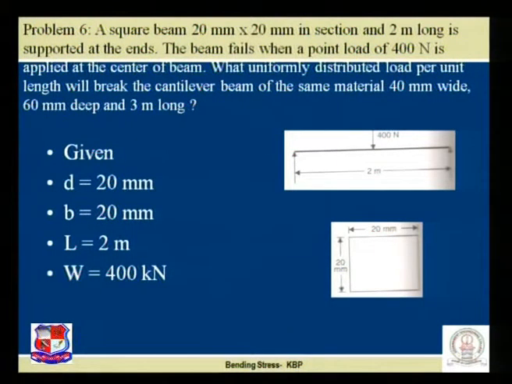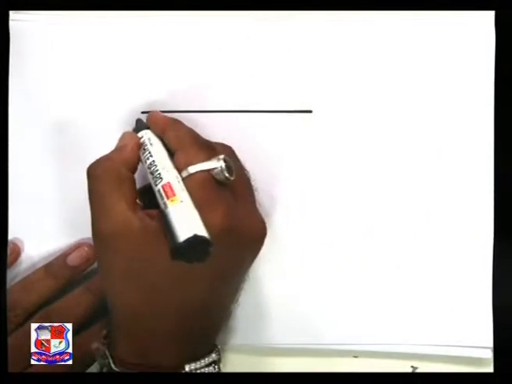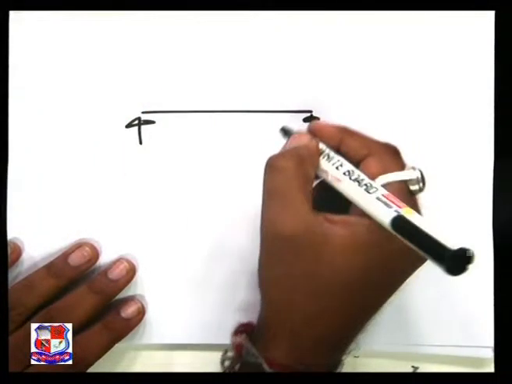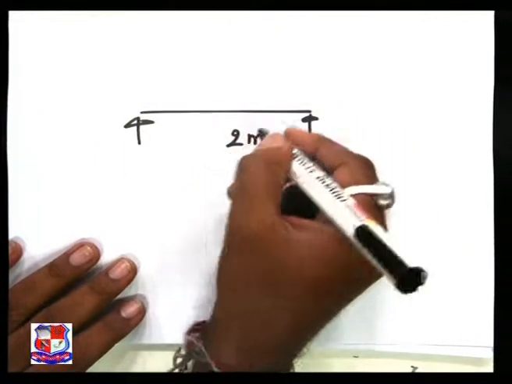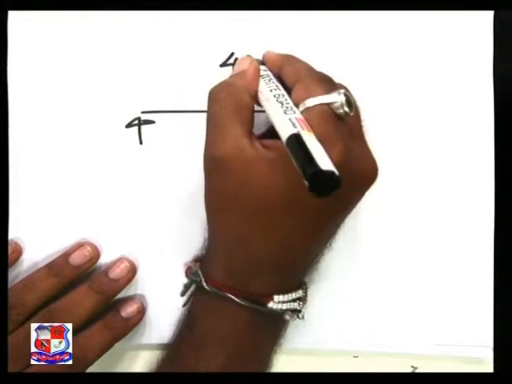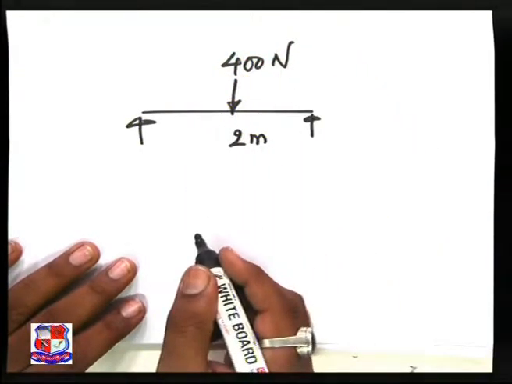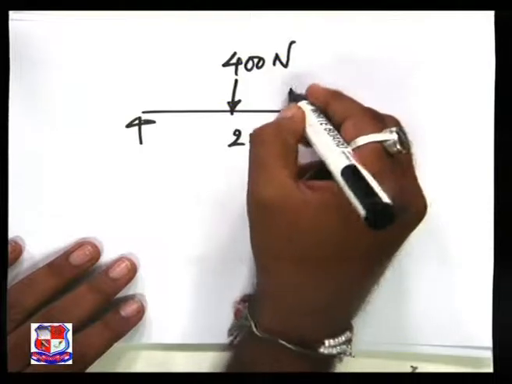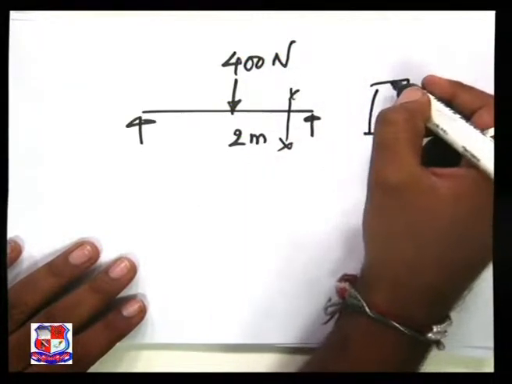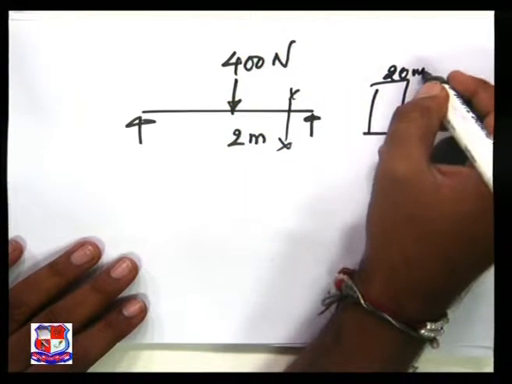So now if we come to this tabletop, in this particular problem the first simply supported beam has a length of 2 meter and a center point load of 400 Newton. The section has also been given, of size 20 mm by 20 mm.